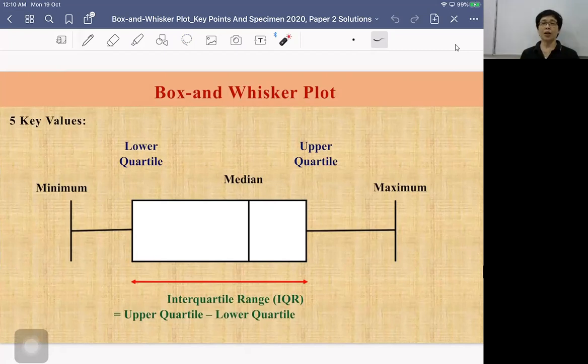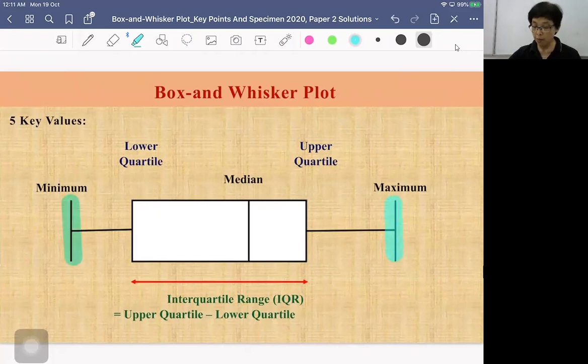In the whole thing, we just need to focus on 5 key values. Let's look at them one by one. I will start with the first pair, the minimum and maximum.